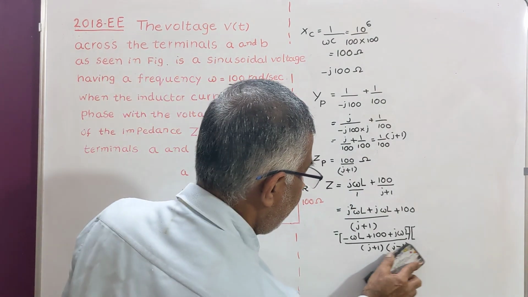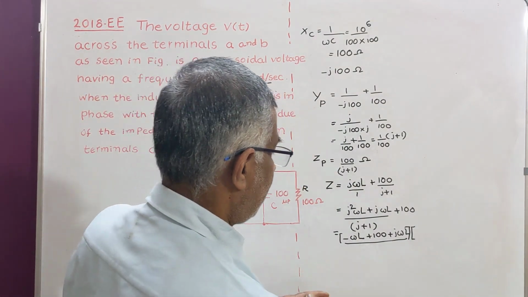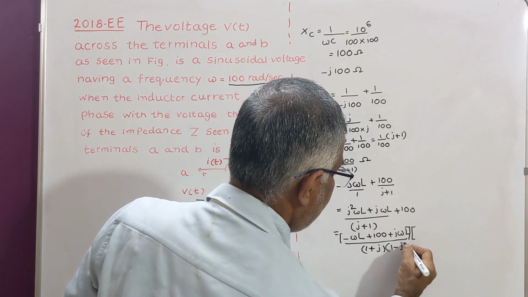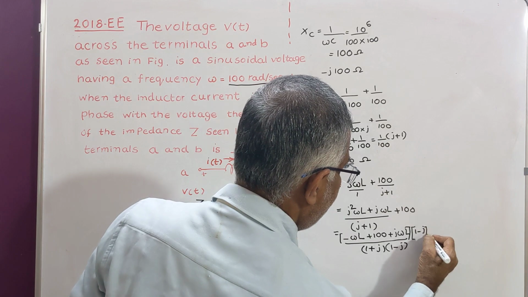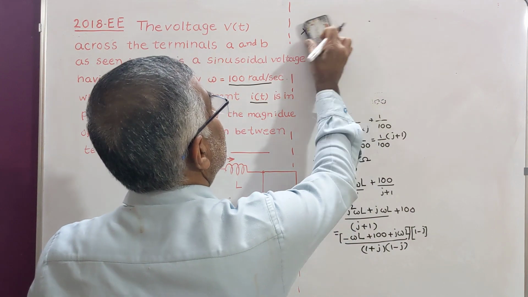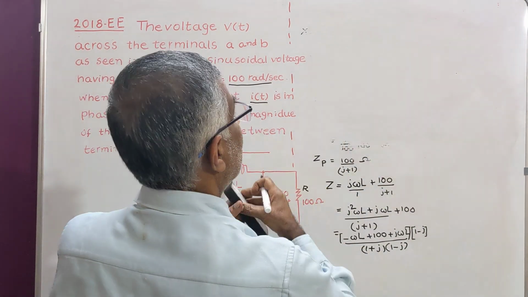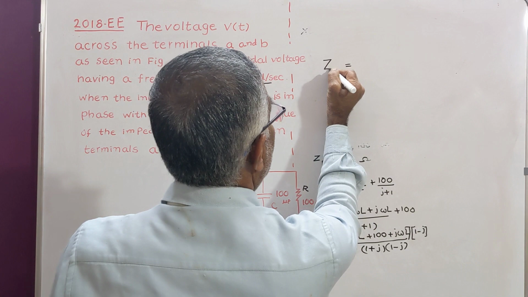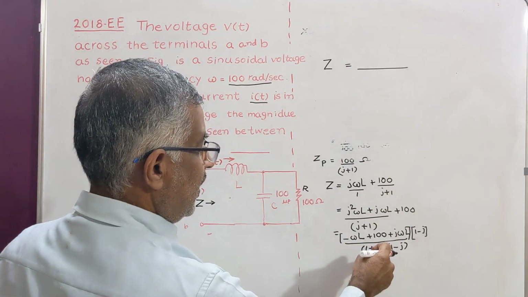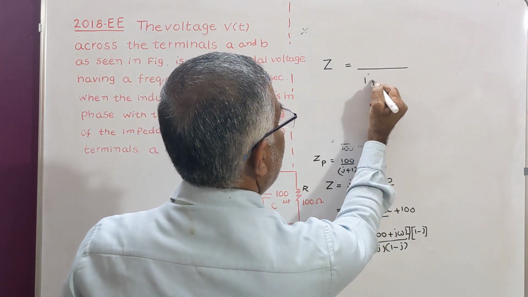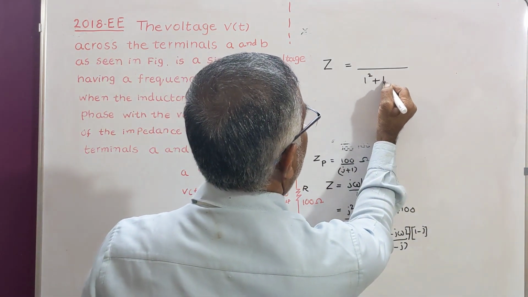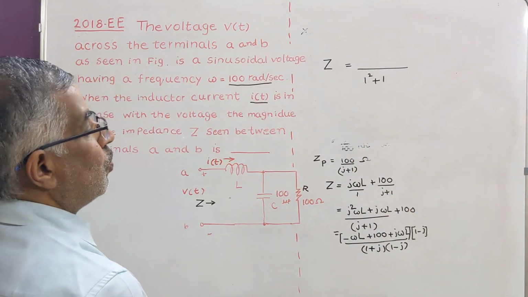It is 1 plus j times 1 minus j, which is a plus b into a minus b, a squared minus b squared. j squared is minus 1, so this becomes 1 plus 1, that is 2.